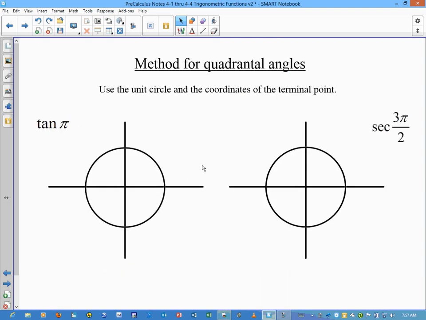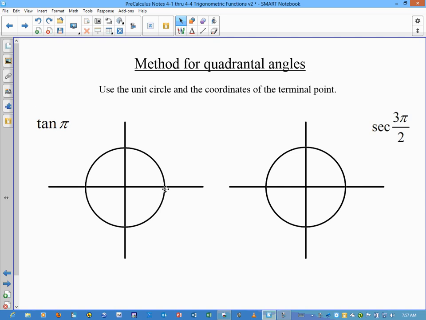My preferred method is to actually use the unit circle in that case, because we can simply use the coordinates of that terminal point. So if it's not in a quadrant and there isn't a reference triangle, then one way to look at it would be for tangent, for example, where we have tangent of pi.